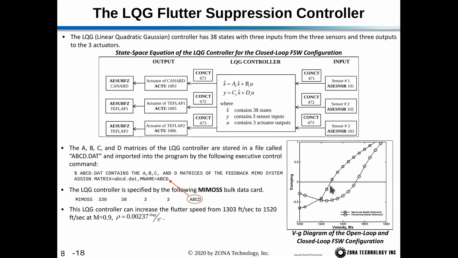So you can see we've pushed the flutter boundary from about 1300 feet per second up to 1520 feet per second. So we do the stability analysis first to see where we can do our maneuver loads analysis. So we'll do that next.